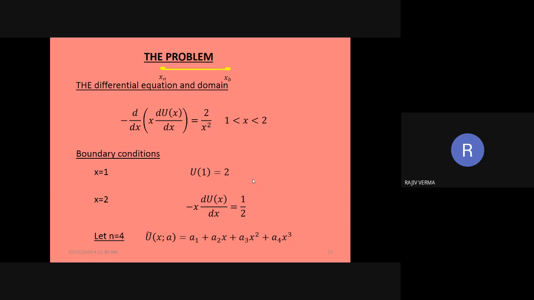So I'm explaining the problem now. We have a second order differential equation on display, and on the right hand side, the term which is appearing is 2 divided by x square.